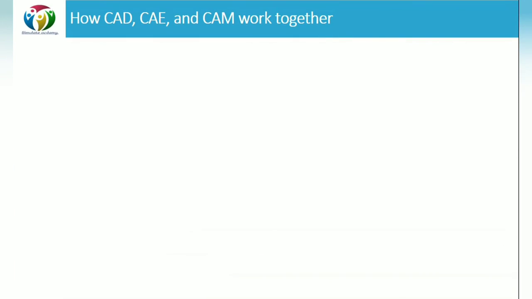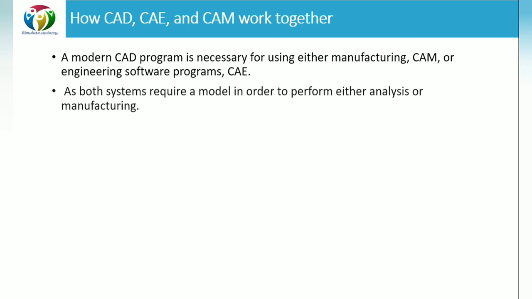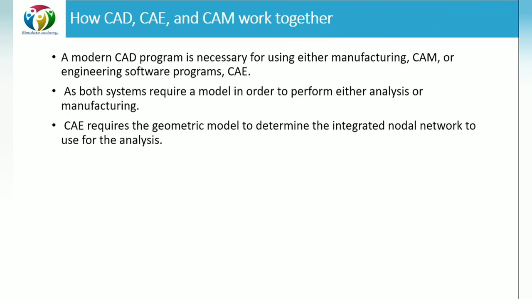So now let's see how CAD, CAE and CAM work together. A modern CAD program is necessary for using either manufacturing, CAM, or engineering, CAE software programs, as both systems require a model in order to perform either analysis or manufacturing.